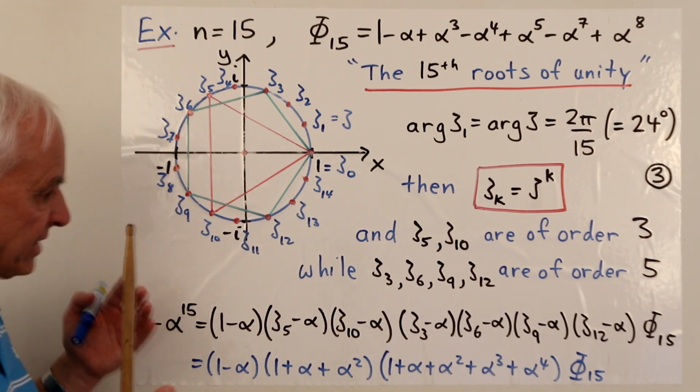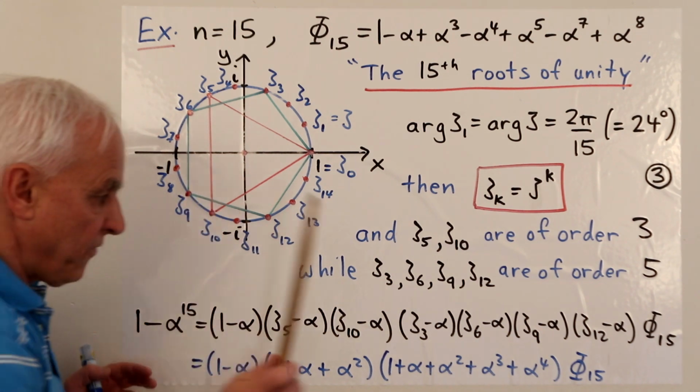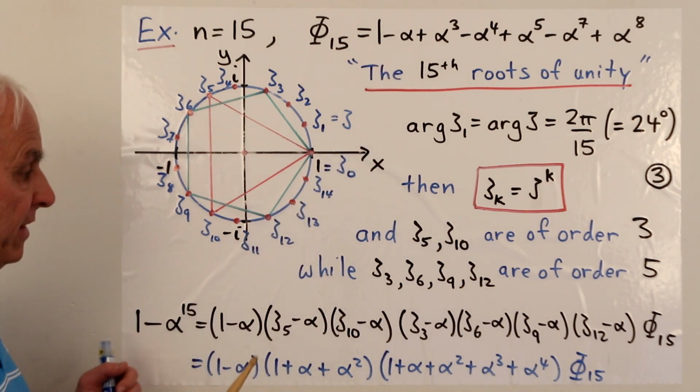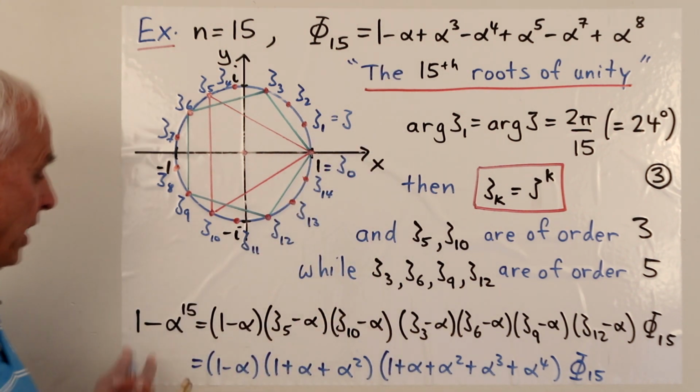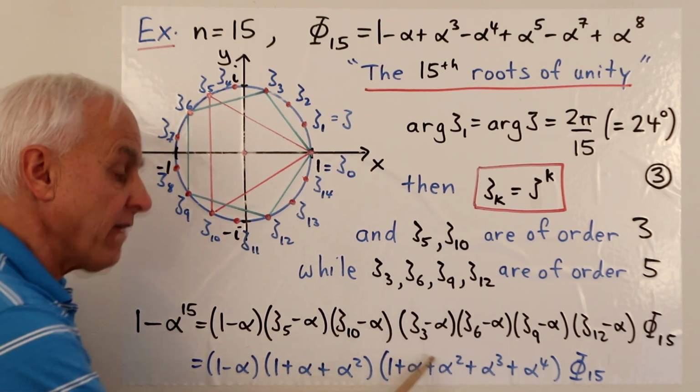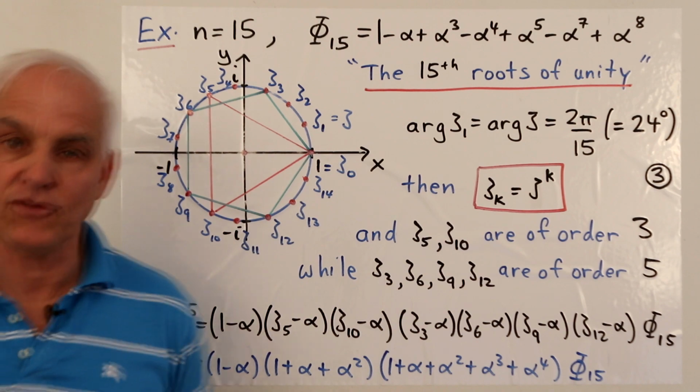So our understanding is that phi sub 15, which is what we're really interested in, is going to be the additional factor that you get when you're factoring this into phi sub 1, phi sub 3, phi sub 5, and then the other one is phi sub 15.